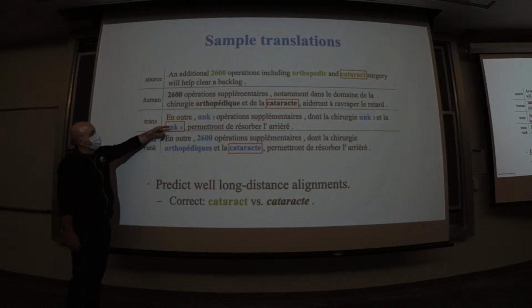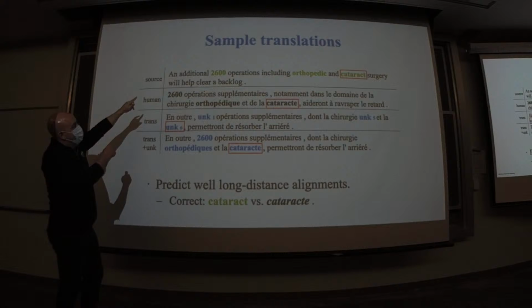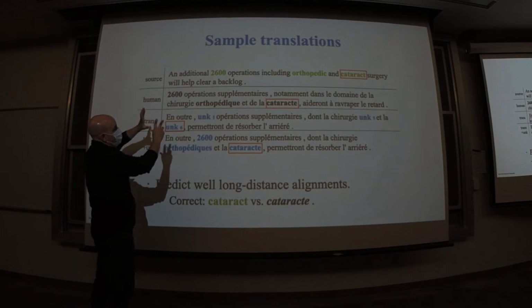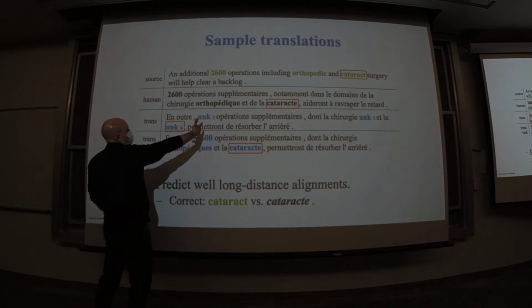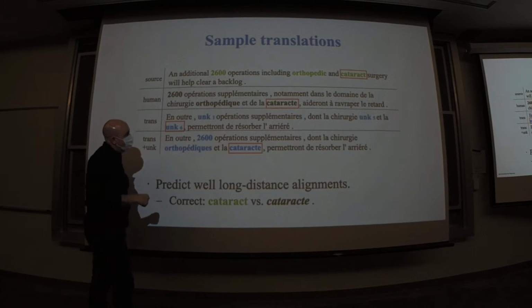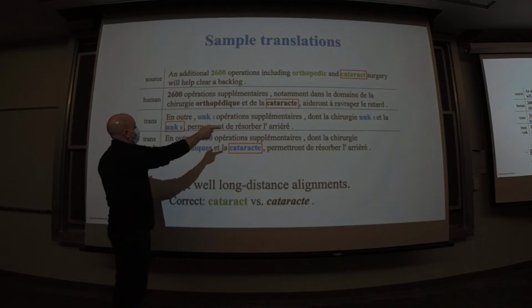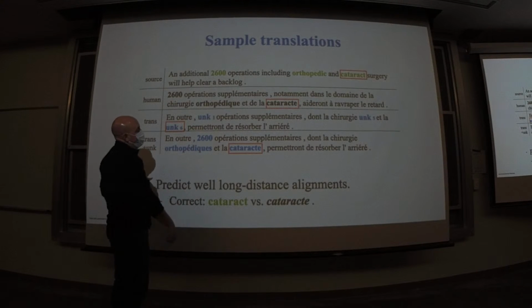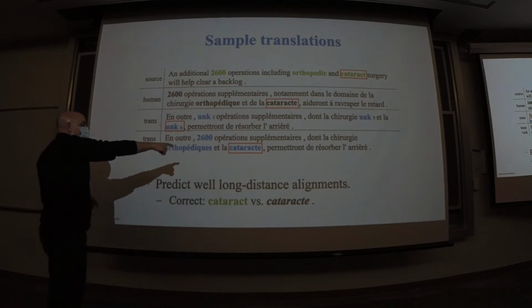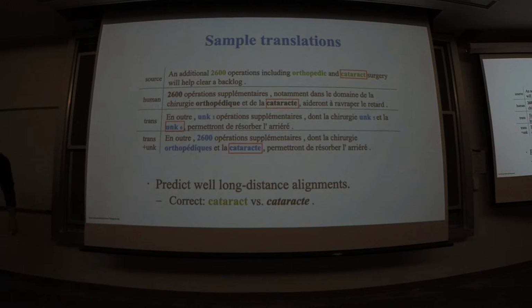So here's the translation with the unknown tokens in it, and then when we do this matching replacement, we know that numbers just get copied directly, especially when they're in numerical format like that, and then we do these lookups from the dictionary. Orthopedic translates to that. Cataract translates to some word that looks like cataract.